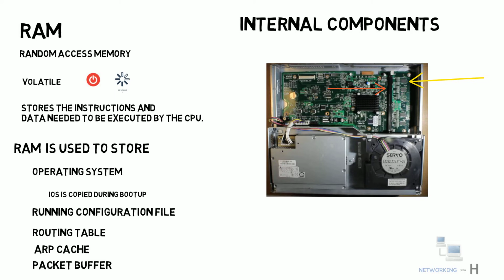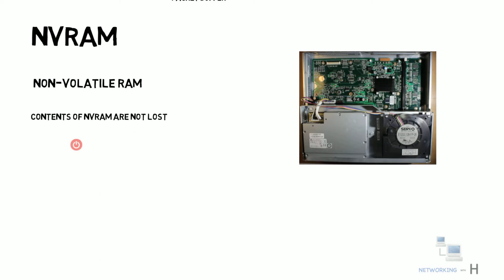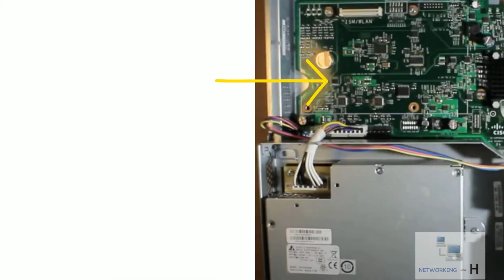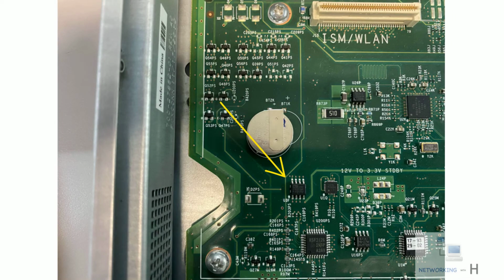The next component we are going to discuss is NVRAM, which stands for non-volatile RAM. By non-volatile, we mean that the contents of NVRAM are not lost when the router is powered down or restarted. You can locate the NVRAM of the Cisco 1941 router on the top left part as shown in the picture. If I zoom in, you can see a small chip over there.